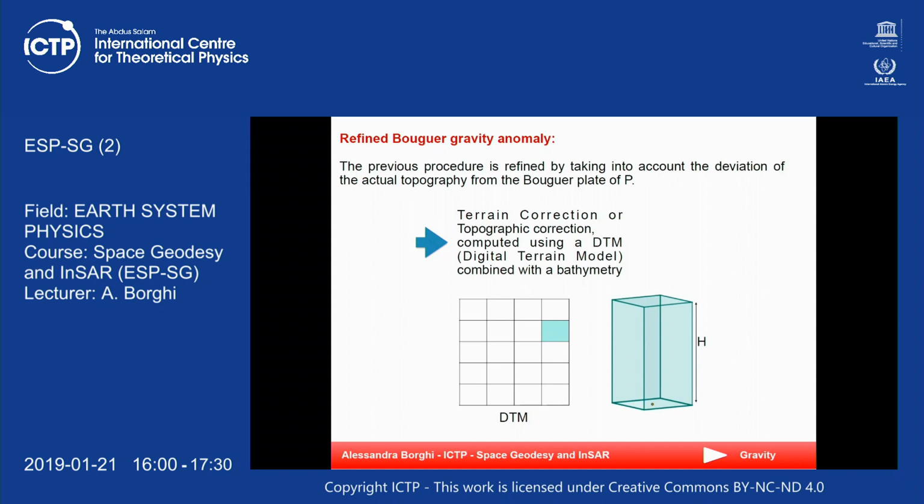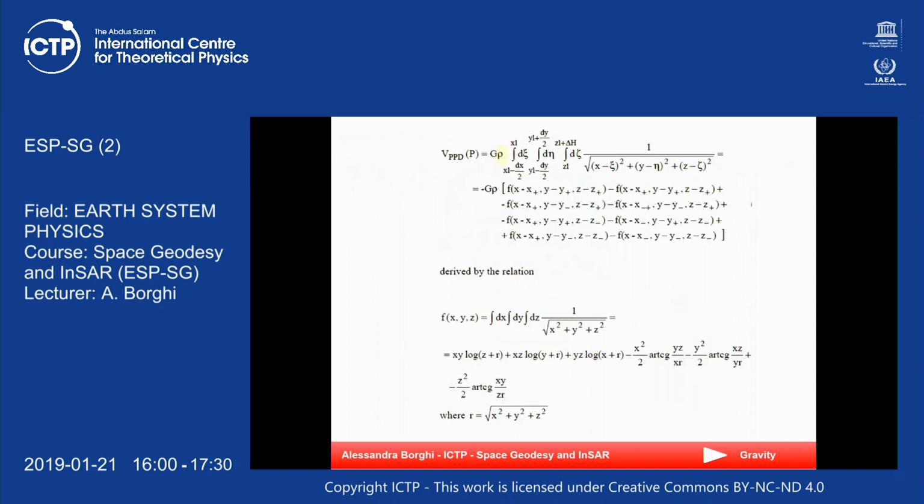And of course, the parallelepiped can be higher or lower than the point P. Here you can find the formula. This is the potential of a parallelepiped computed in a given point P.